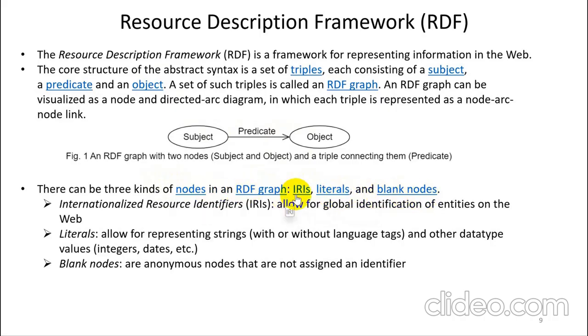Here, IRI stands for Internationalized Resource Identifier, which allows the global identification of entities on the web. Literals are used for representing strings, with or without language tags, and other datatype values such as integers or dates. And blank nodes are anonymous nodes that are not assigned an identifier.